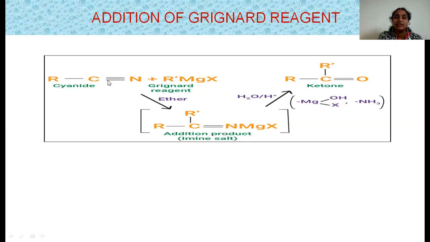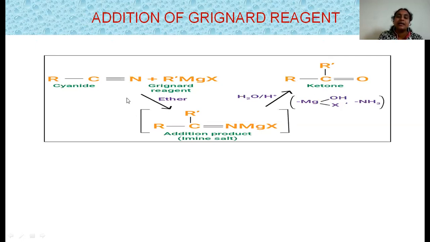In the cyanide the compound has a triple bond, whereas in this imine it has a double bond. Now this imine salt or addition product on further hydrolysis undergoes cleavage of the double bond and produces the ketone, because this carbon is connected with two alkyl groups. The nitrogen is eliminated as ammonia, and MgX is liberated as MgXOH.